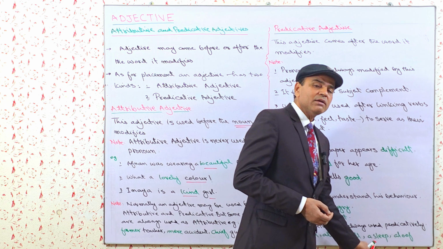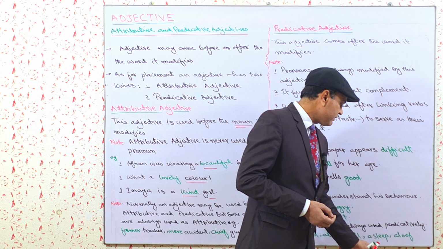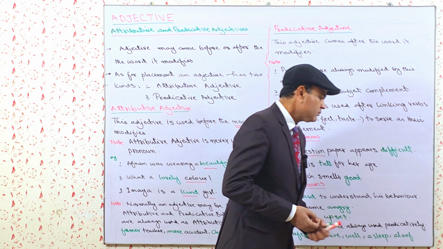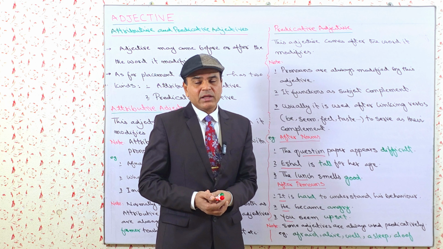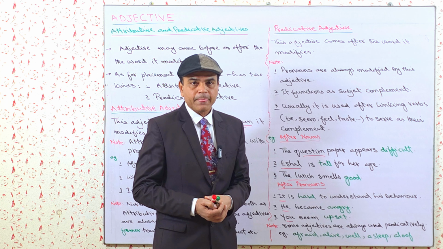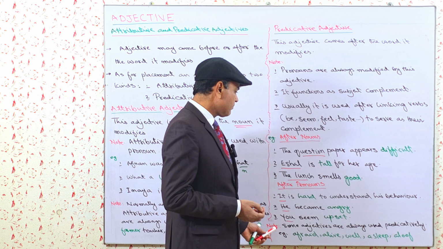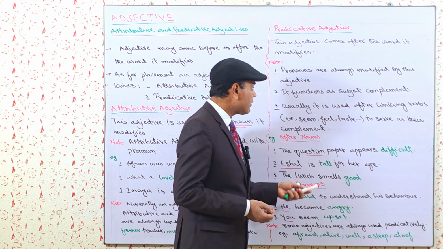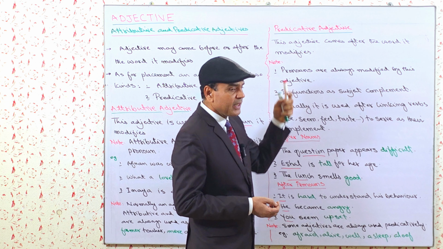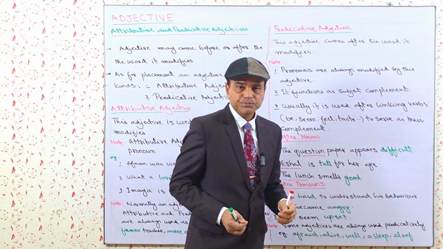Asleep is always used as a predicative adjective. He is asleep, but asleep person is not possible. Aloof, he remains aloof, so you can't say aloof person. So some adjectives are never used as attributive adjectives, they are always used as predicative adjectives.